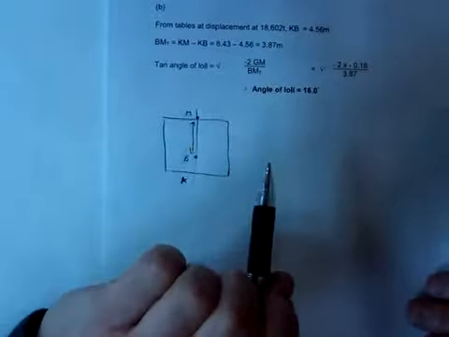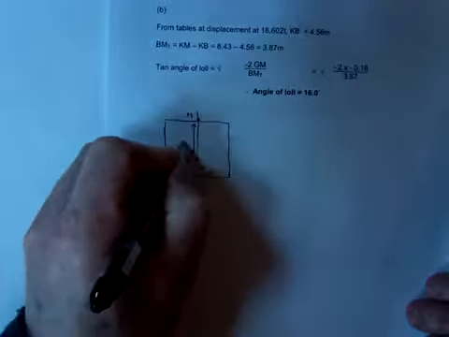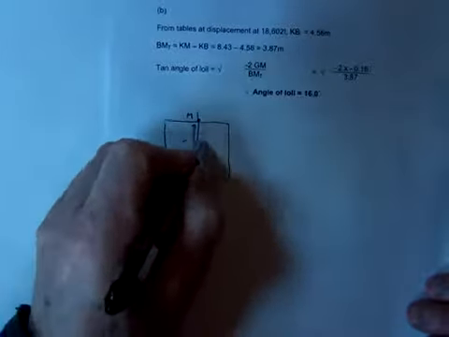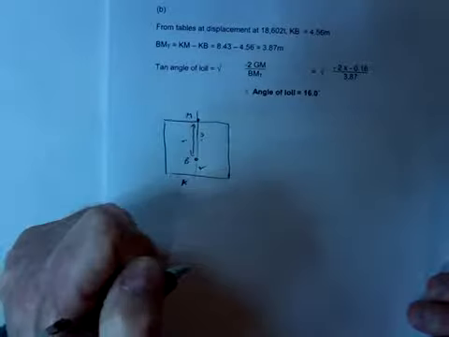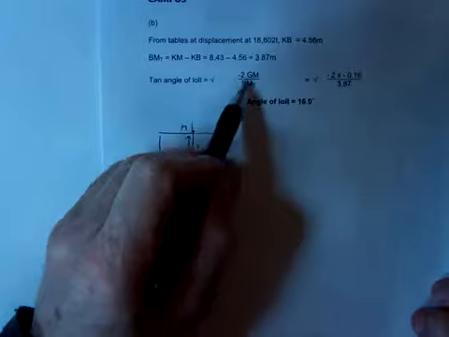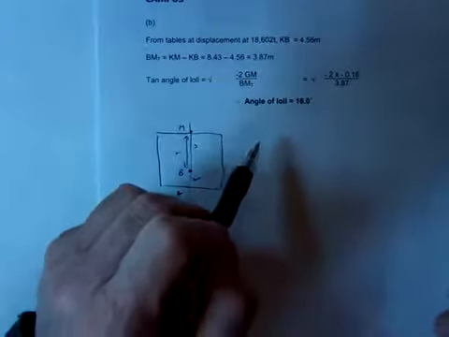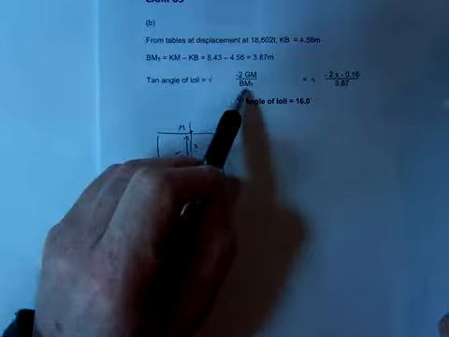So from the tables, the KB is 4.56. So we know the KB, we know the KM, we can simply subtract one from the other to get the BM. So once you know which formulas to use, write that down, look at the values you need, and by a process of elimination, you can get the values.